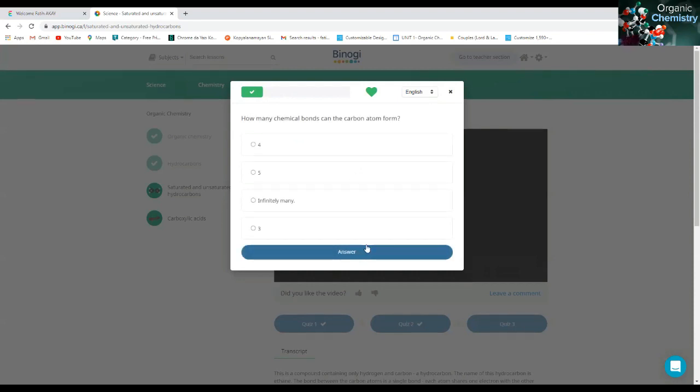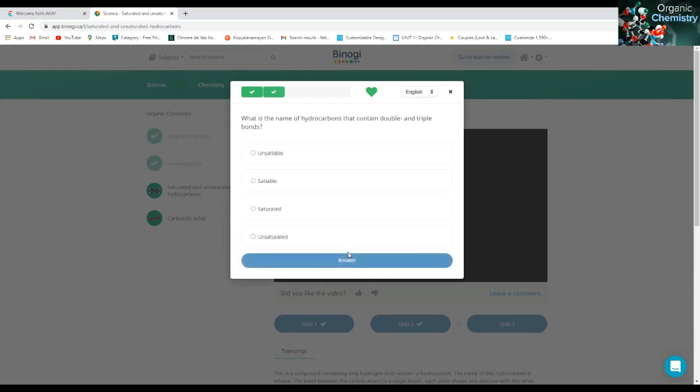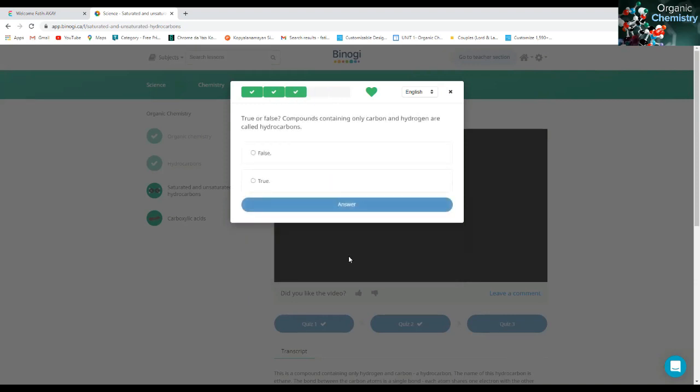How many chemical bonds can the carbon atom form? Each carbon atom forms 4 covalent bonds. What is the name of hydrocarbons that contain double and triple bonds? They are unsaturated hydrocarbons. The compounds that contain only carbon and hydrogen are called hydrocarbons.